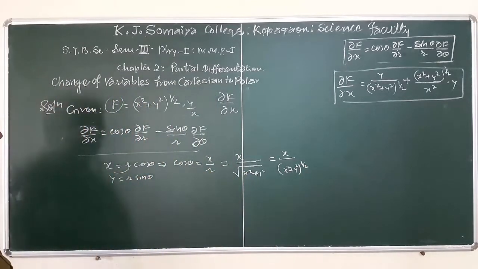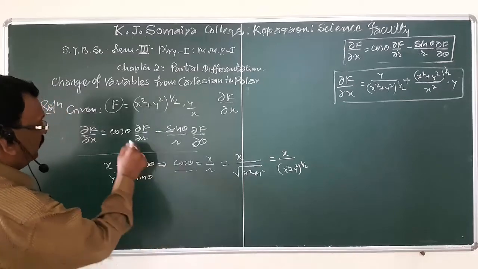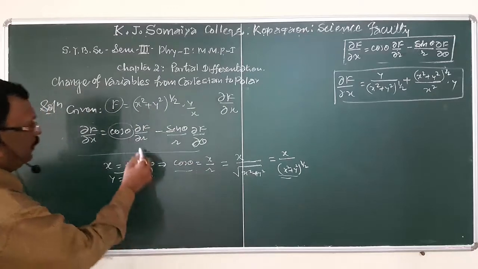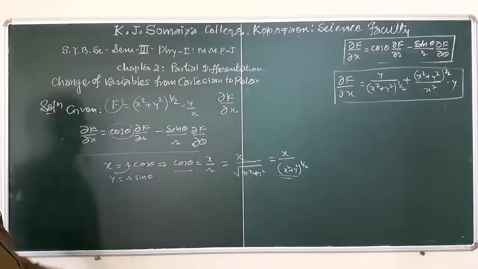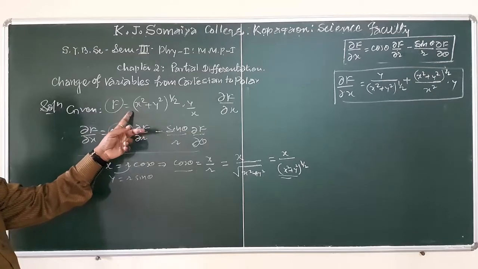Then we can substitute the value of cos theta, that is this value, and del f by del r. Again here we want to substitute the value of this.